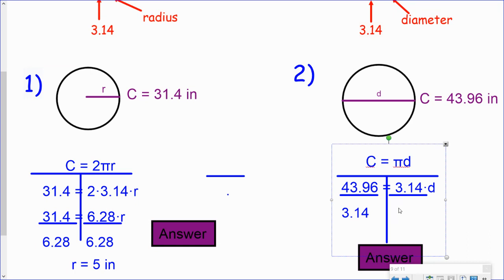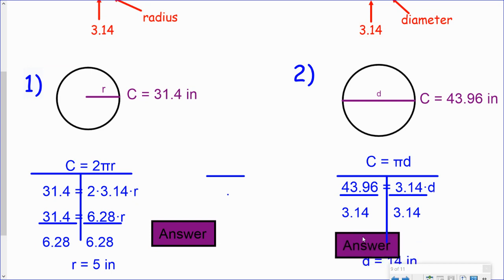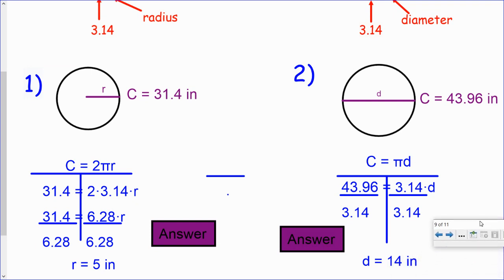And over here, we're going to divide by 3.14. On the right-hand side, 3.14 divided by 3.14 is 1d, or just d. I'm going to go to my calculator and type in 43 96/100, divide by pi, and I should get an answer that the diameter is 14 inches.